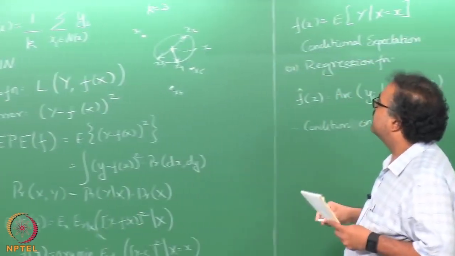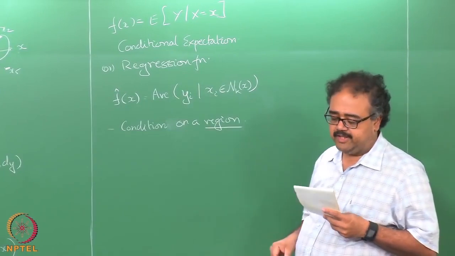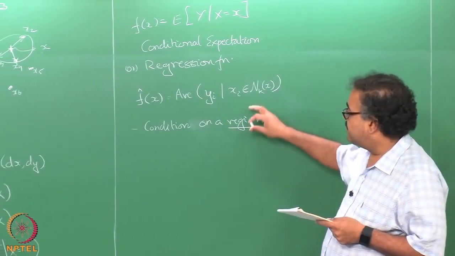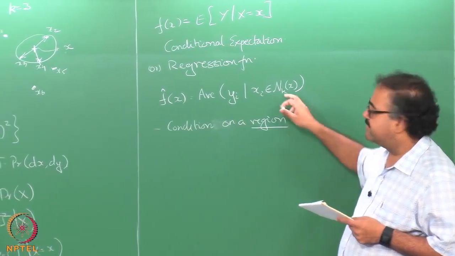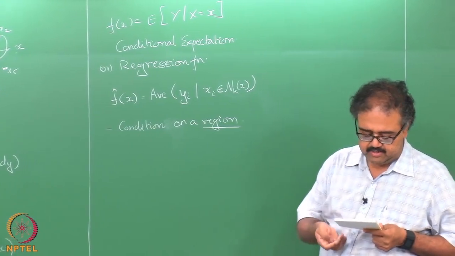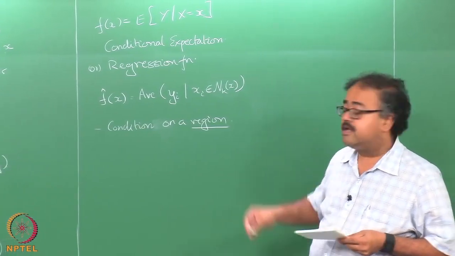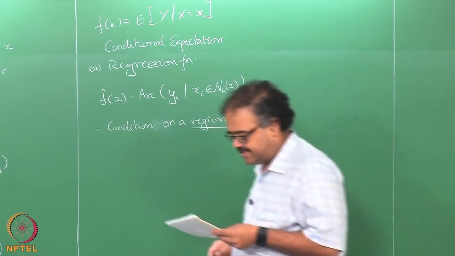So, that circle there would correspond to the neighborhood around x. I am going to be conditioning on this region given by the neighborhood around x. Does that make sense? We are not going to condition on a point, we are conditioning around a region.